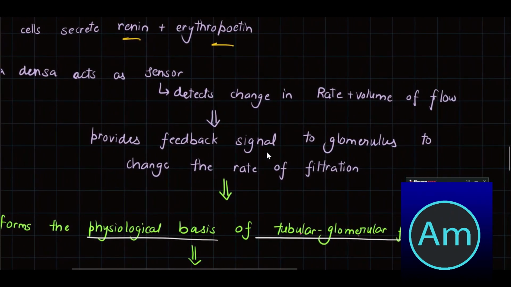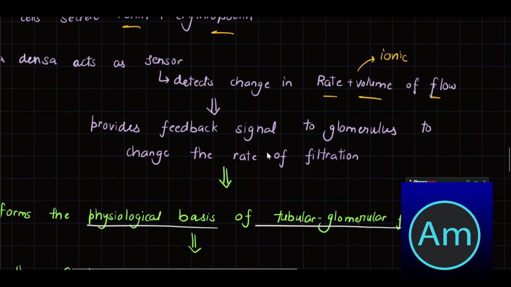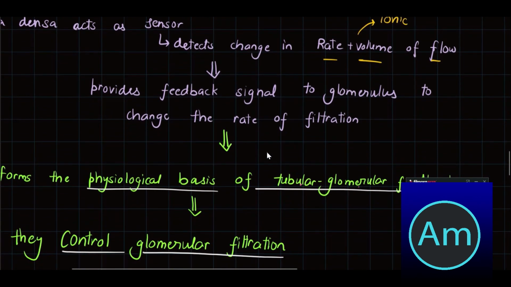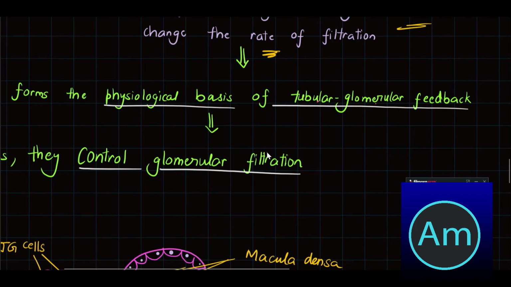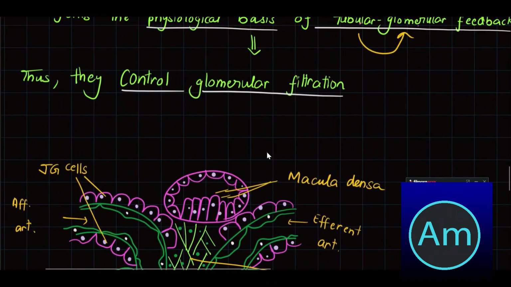They detect change in rate and volume of flow and also the ionic composition of the tubular fluid. They provide feedback signal to glomerulus to change the rate of filtration, and this forms the physiological basis of tubuloglomerular feedback. From the tubule, the feedback will be given to the glomerulus, and thus they control glomerular filtration.